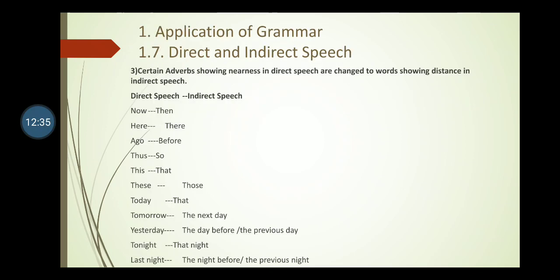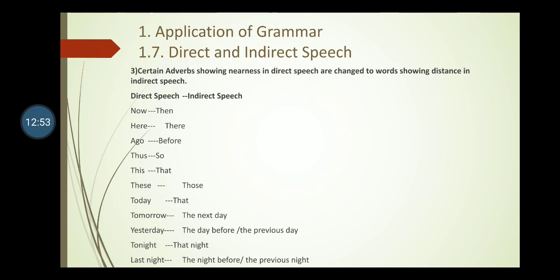Change number 3, certain adverbs showing nearness in direct speech are changed to words showing distance in indirect speech. Okay, some adverbs which show nearness in direct speech are converted into words showing distance in indirect speech.